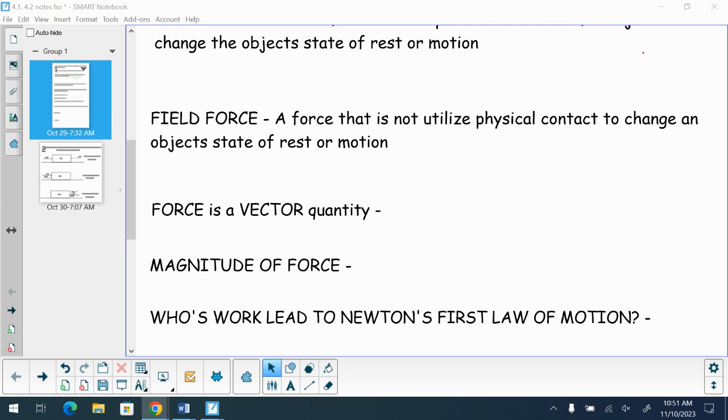We have two objects here. I'm going to put one near the other, and magically, the one moves to the other. It moved. It's magic. Okay? There's no physical contact between these two objects to make it move, but it still moves. Well, what we have is what is called a field force.